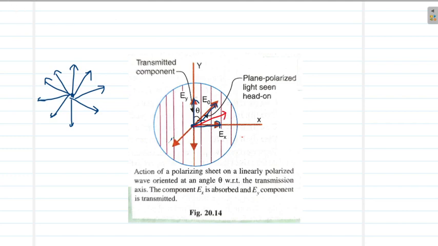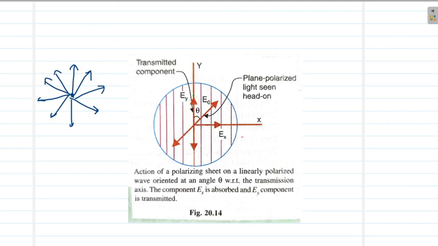It will also be split into a component parallel to the transmission axis and a component perpendicular to the transmission axis. In fact, there are a lot of electric fields in all possible theta directions along here and here, and each of them will be split into components parallel to the transmission axis and perpendicular to the transmission axis, and each of them will be contributing parallel components with different amplitudes.